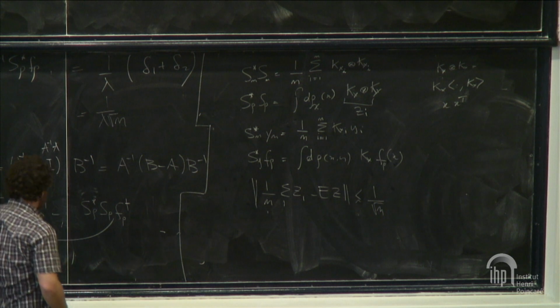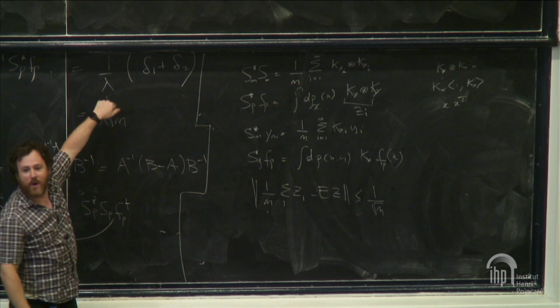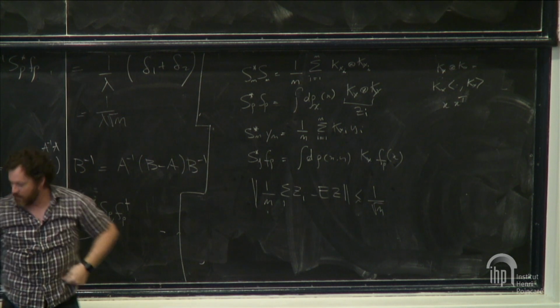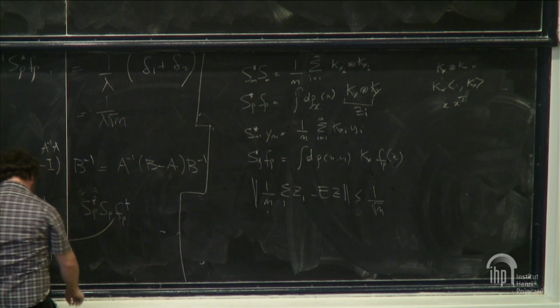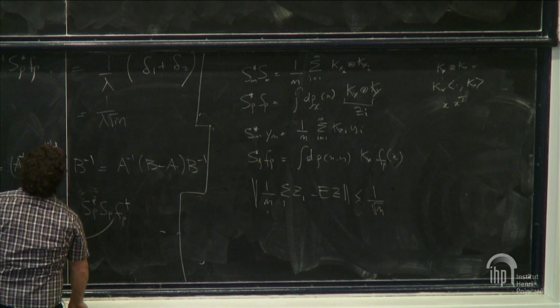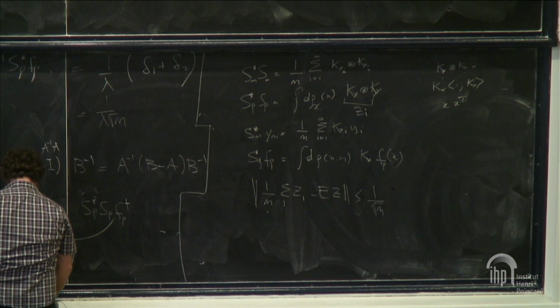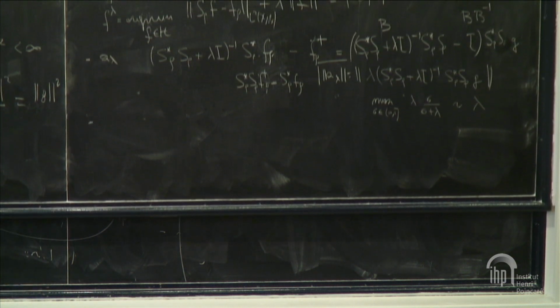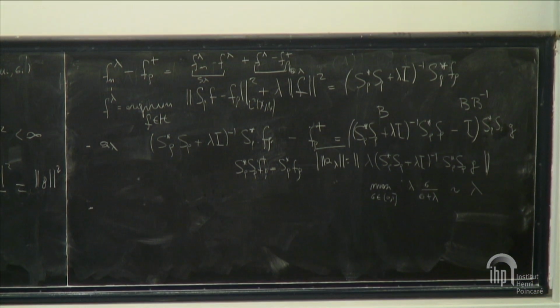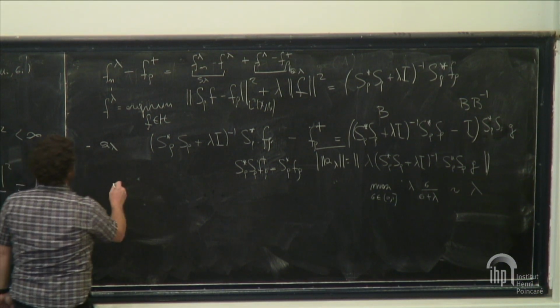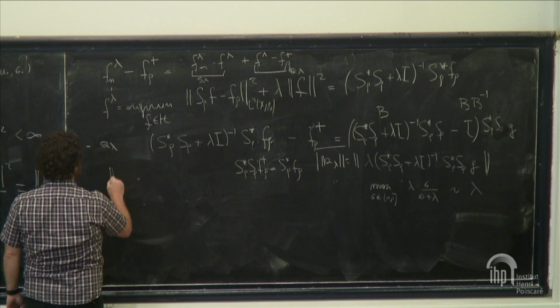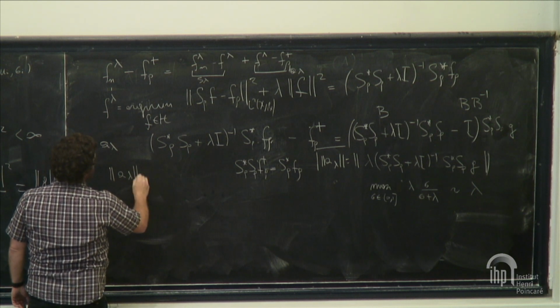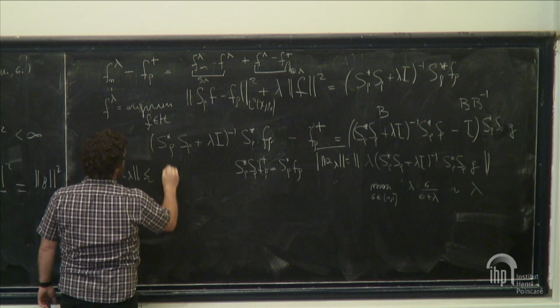So let's actually... Just remember this 1 over lambda square root of n, and so I go back up if I manage. Is it this one? Okay, so this result tells me that the norm of a lambda is smaller than lambda.